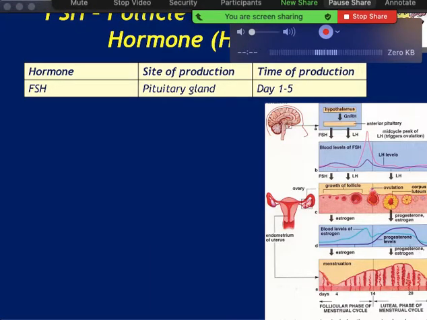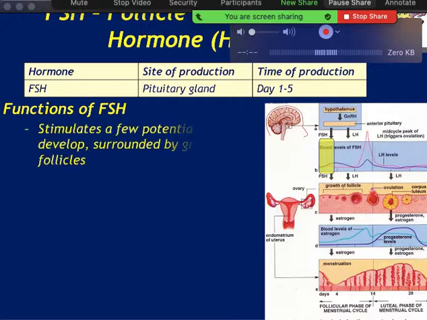So we're going to look at FSH. FSH and LH, males of the species get it as well. It's made in the pituitary gland and it's going to be made between days 1 and 5. So at this point our endometrium is breaking down, but FSH's job is to look specifically at bringing those potential eggs forward.